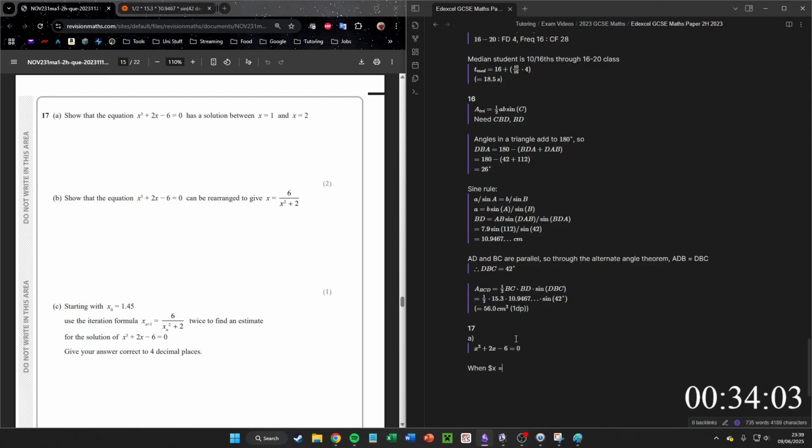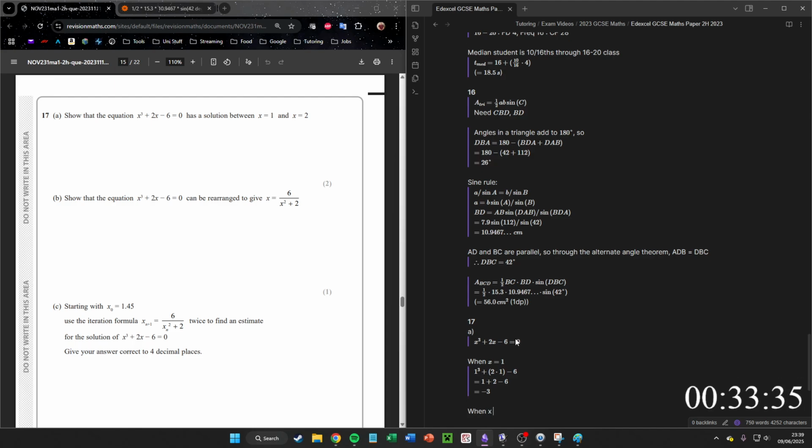So when x equals 1, we'll say 1 cubed plus 2 times 1 minus 6 is equal to 1 plus 2 minus 6, 3 minus 6, minus 3.